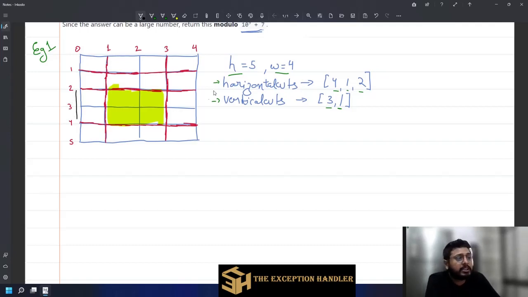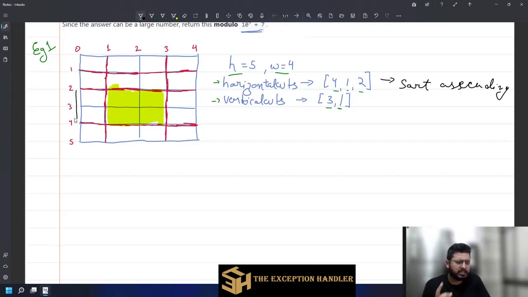So if I sort this array in ascending order and find the difference between all the consecutive elements, that should give me the maximum height that can be picked up. That is one part of the problem.